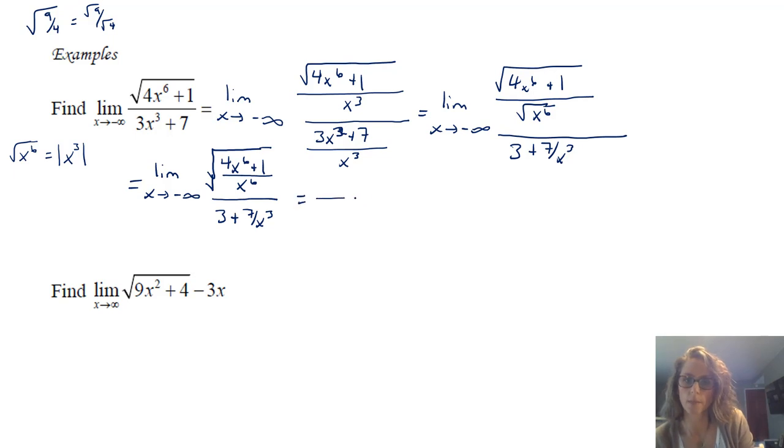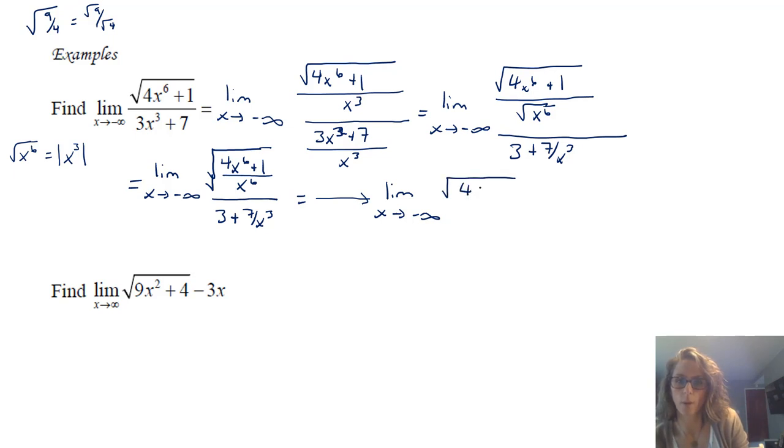So limit as x approaches negative infinity. Notice in my numerator, I'm going to have the square root of 4 plus 1 over x to the sixth. And in my denominator, I still have the same thing here, 3 plus 7 over x cubed.